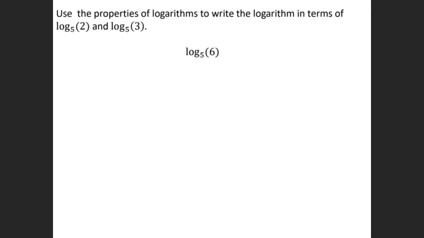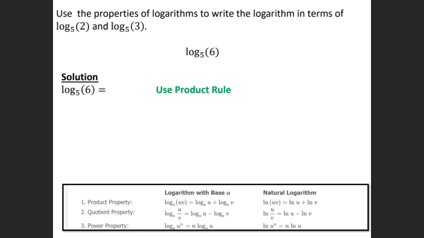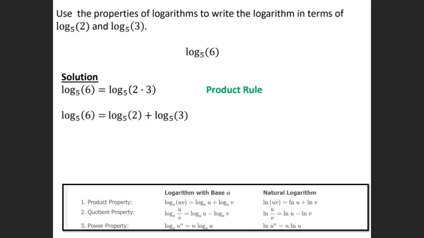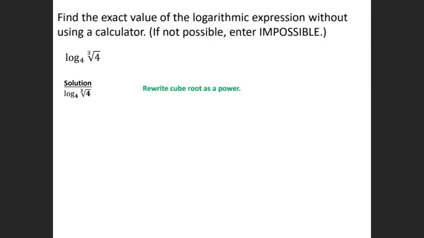The answer would be yes, right? 6 can be rewritten as 2 times 3. Now I can use my product rule to rewrite as the homework is asking me. Since they have a base 5, I can expand it to have log of base 5 of the input 2 plus a log of base 5 of the input 3. Okay, and I use my product rule to solve for that.